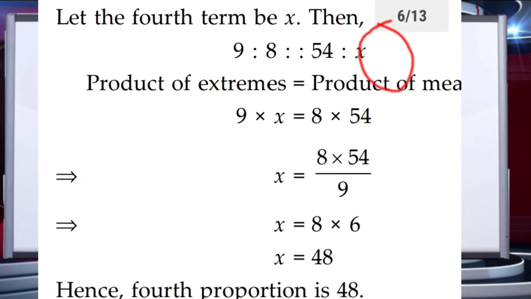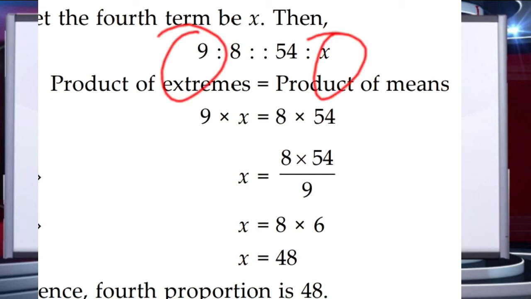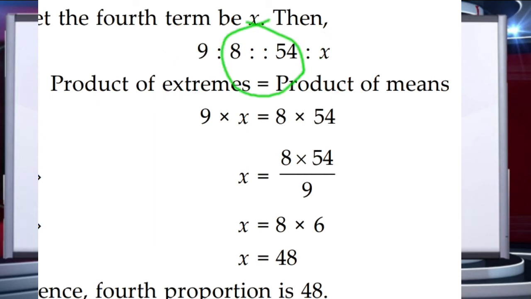Now if these terms are in proportion, it means the product of extremes is equal to the product of means. My extreme terms are 9 and x, and my mean terms are 8 and 54. So I will multiply 9 and x, which should be equal to 8 into 54. So I will write 9 multiplied by x is equal to 8 into 54. Now I have to find the value of x.